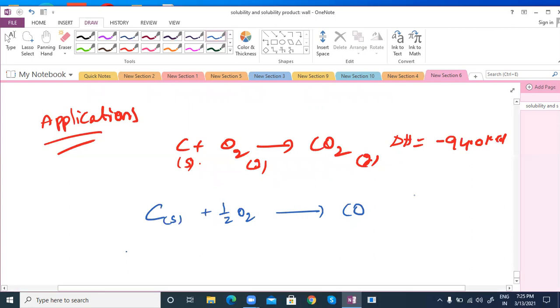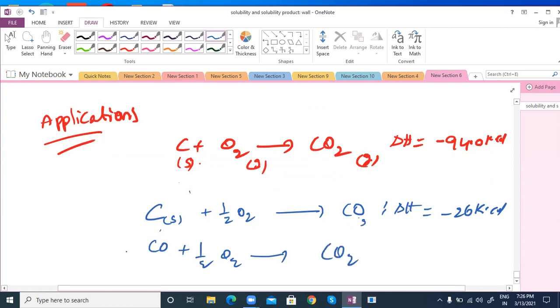The CO formation value they give here is minus 26 kilocalories, and then CO plus half O2 again gives CO2, which is gas state.